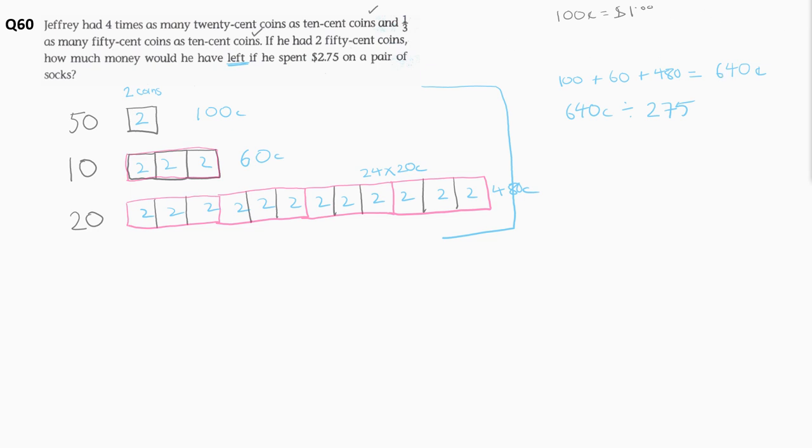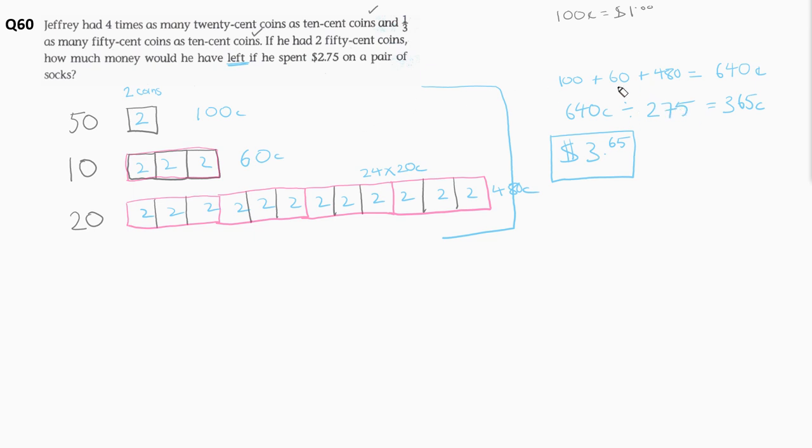Okay, and then once we've done that calculation, we are going to end up with 365 cents. But we want to give our answer in dollars. This is how much he's going to have left. So the answer is $3.65. Okay, that's how much he would have left if he spent that money.